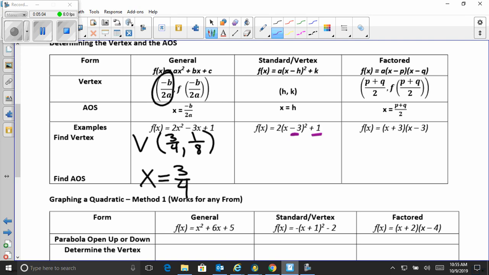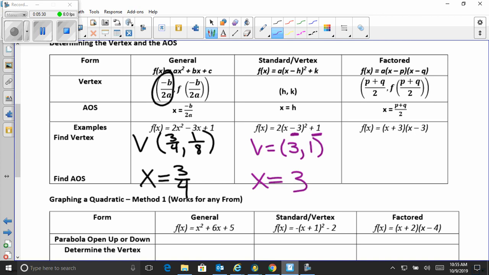So our vertex for this one is (3, 1). And remember, even though it says minus 3, you might want to think that it's negative. Remember, that means it goes to the right. We talked about that when we did transformations. And then our axis of symmetry, which I'm calling AOS, is x equals 3, which is always that x value of our vertex.